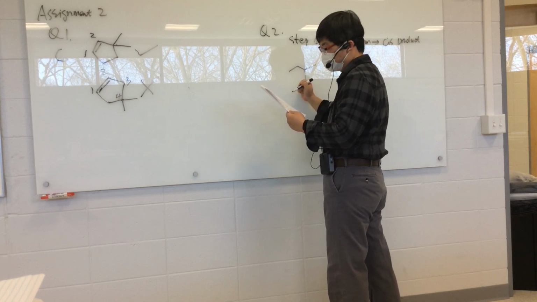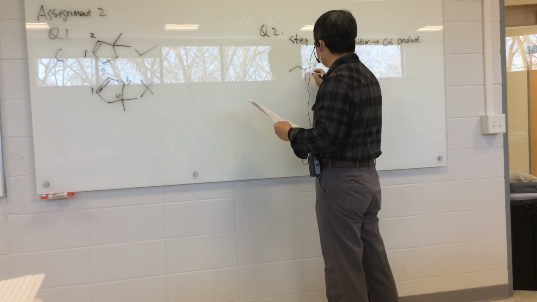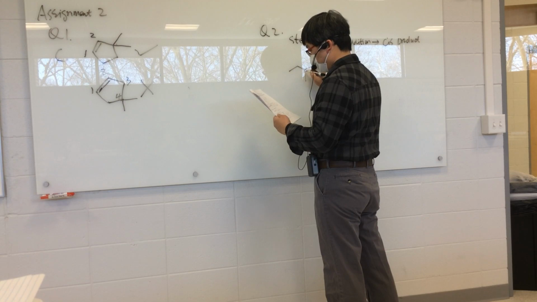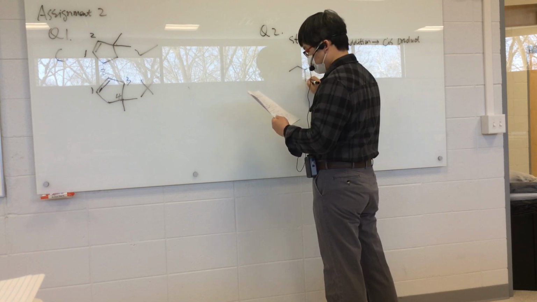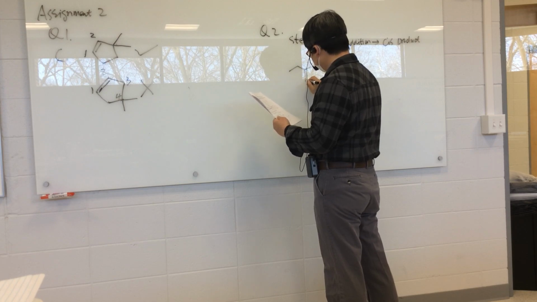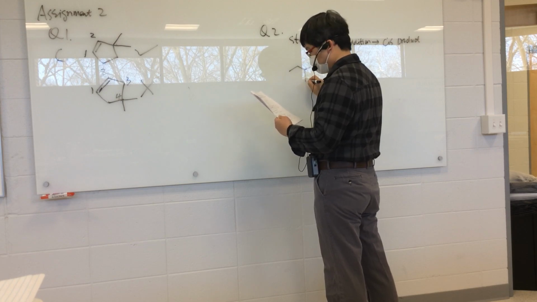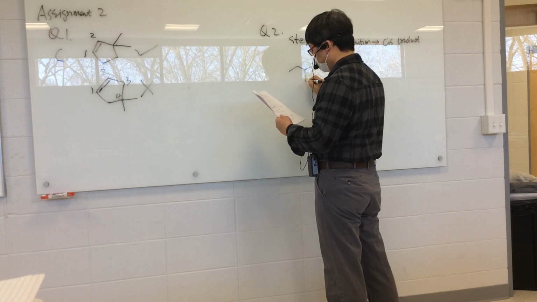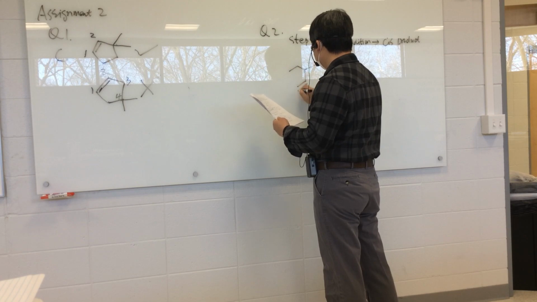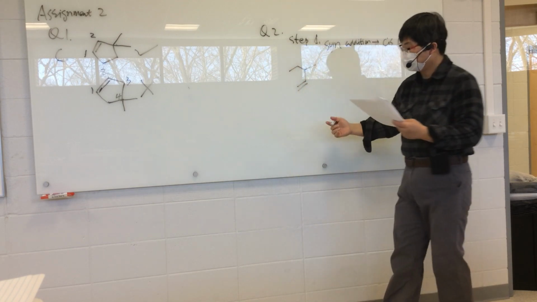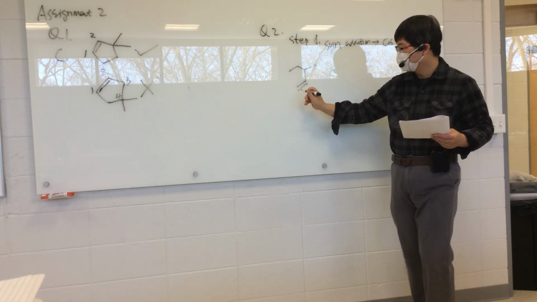Not much change because this is the same. Oh, no, let me see. There's a double bond. Oh, it does not matter here. Anyway, here it does not matter because what?